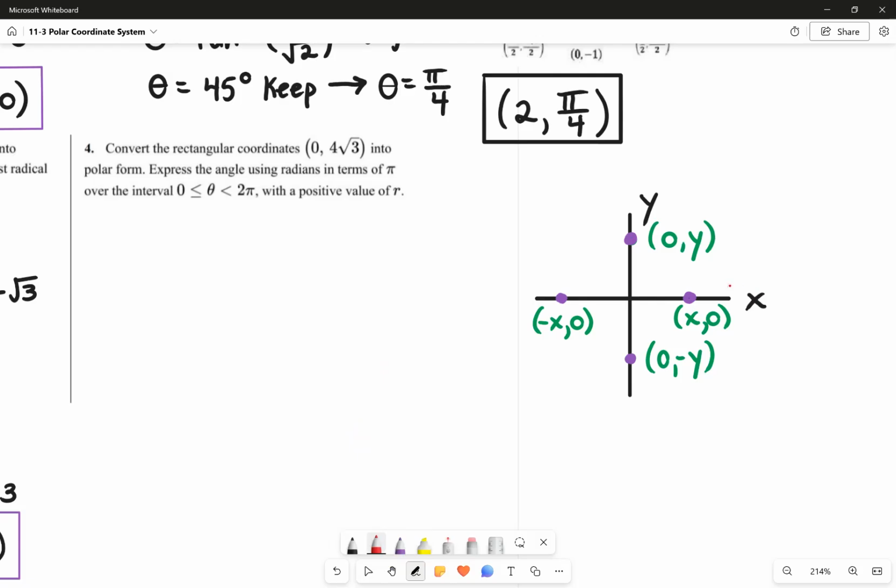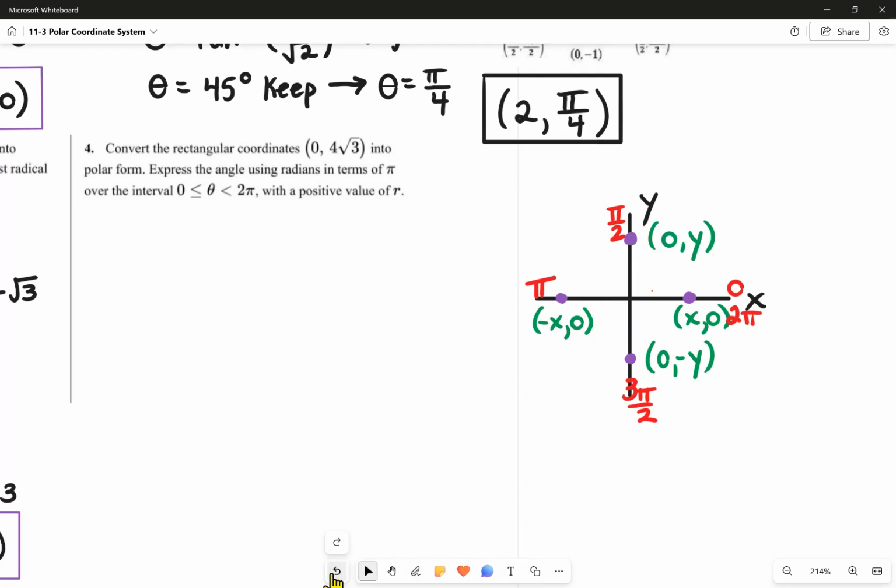This angle measurement is 0, then pi over 2, or 90 degrees, then pi, then 3 pi over 2. Look at your unit circle, and then we end back at 2 pi. So a full rotation is what I'm saying. We went a full rotation, just doing unit circle stuff.